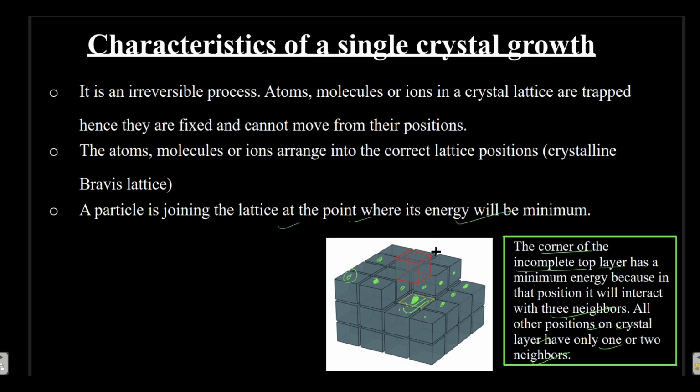So it will definitely try to choose that position where its energy will be minimum, and that being this position, because these three faces will interact with three faces of this atom or particle, that will minimize its energy. So I hope you understood these characteristics.